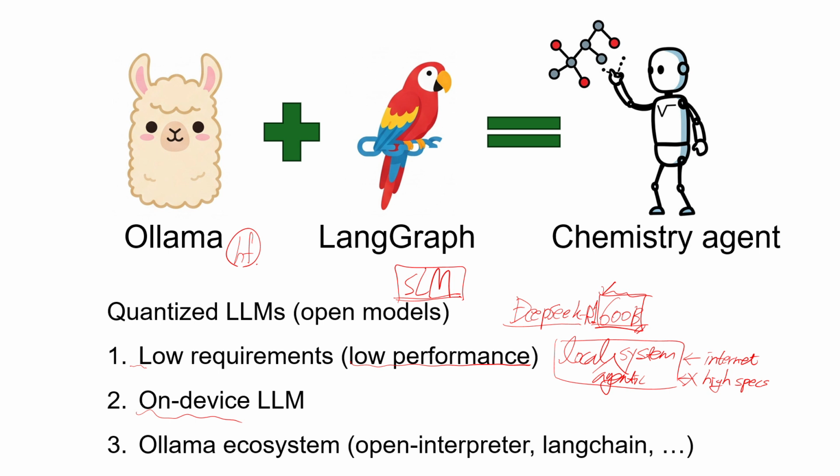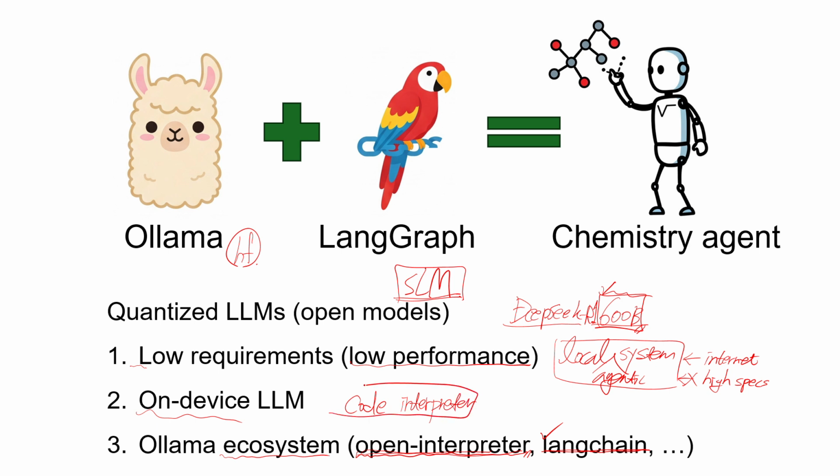And Ollama is actually expanding its ecosystem. One other example is Open Interpreter. We're going to use LangGraph, which is part of LangChain, so we'll test this one. And if you're interested in this topic, maybe you can check Open Interpreter as well. If you pay for OpenAI ChatGPT, you may have heard of or used the code interpreter.